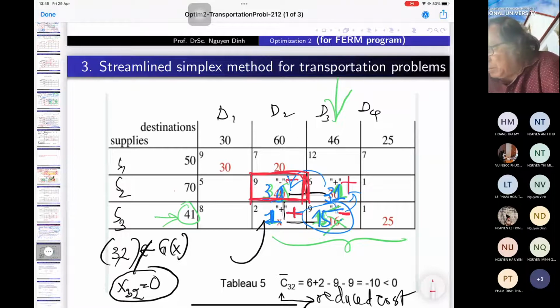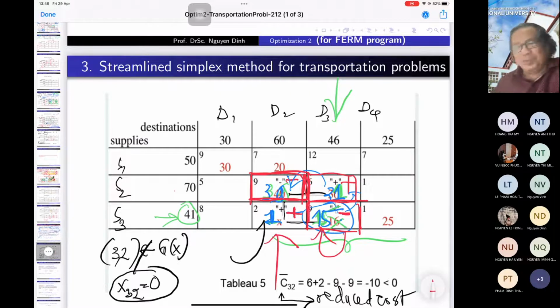The cell 2,3, at the beginning it is 30, now it becomes 31. The cell 3,3 is 16, and now it becomes 15. And of course, the cell I enter here, at the beginning the flow is 0, now it becomes 1.